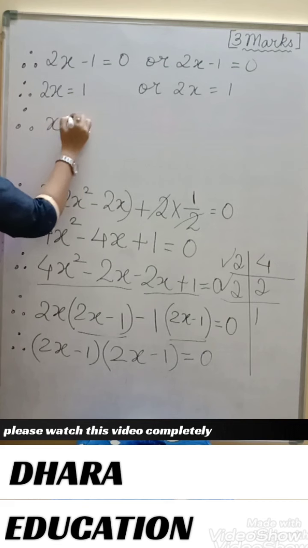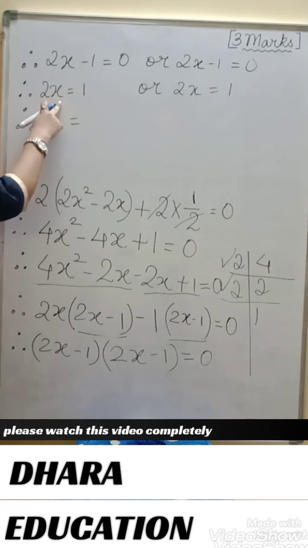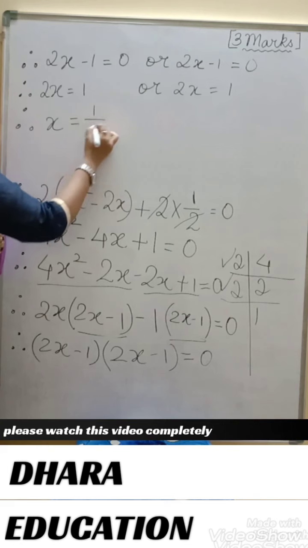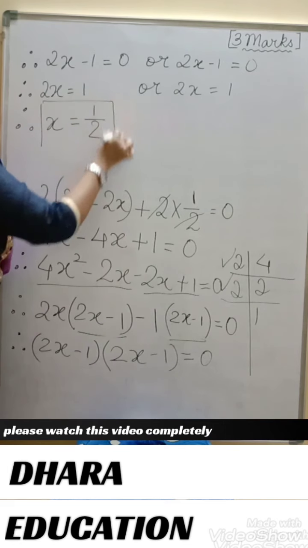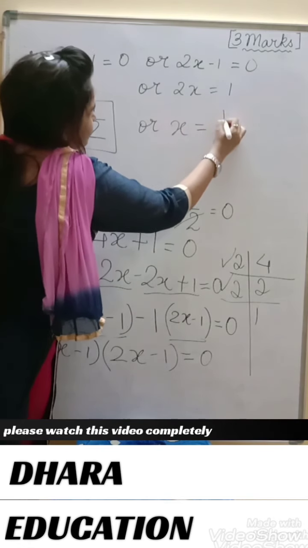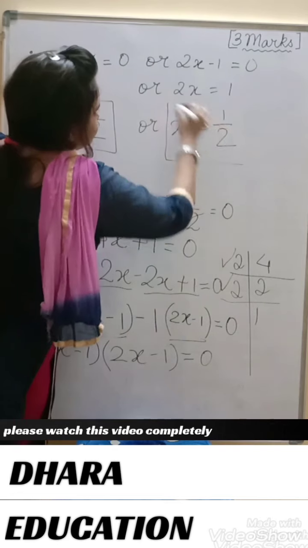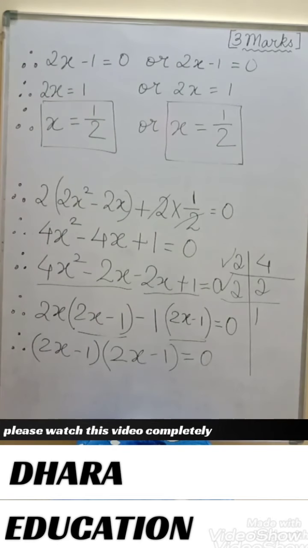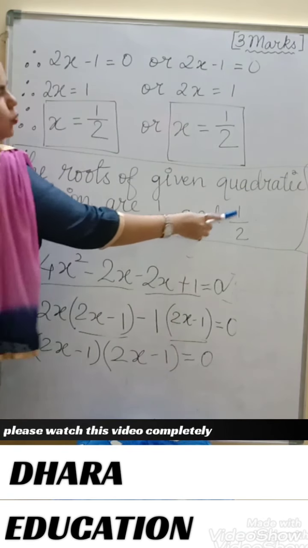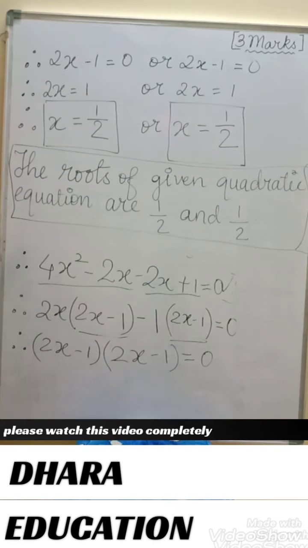Therefore, x is equals to, 2 is in multiplication with x. So when this is shifted to the right hand side, it will be in division manner, or x is equals to, same here also. So here I have written the last statement, that is the roots of the given quadratic equation are 1 upon 2, that is this, and 1 upon 2, that is this. That's it you need to do.